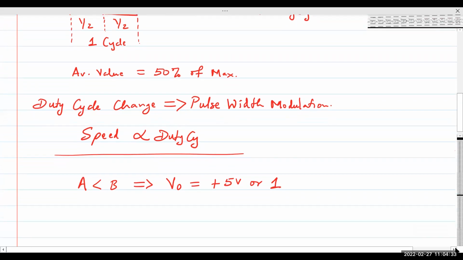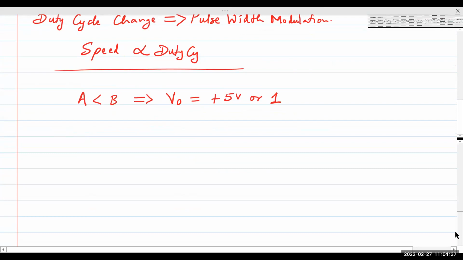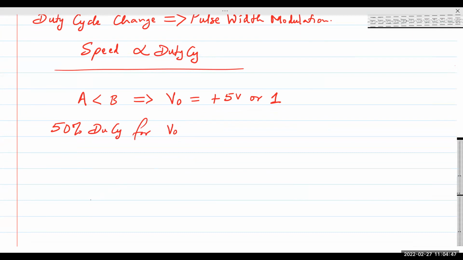What we want is a 50% duty cycle for VO, meaning whatever we count as one cycle for VO, we want VO to be on for half the time and off half the time.